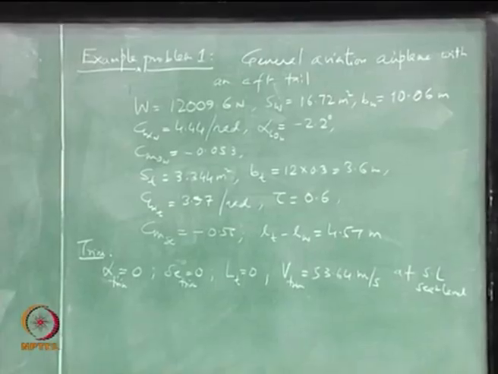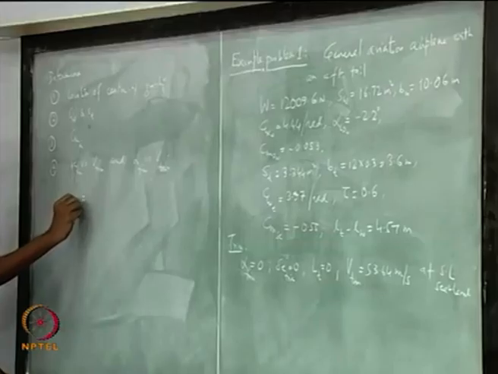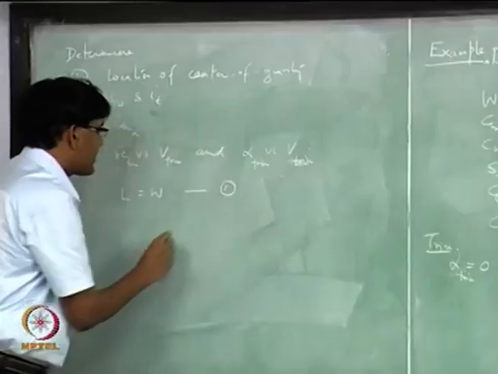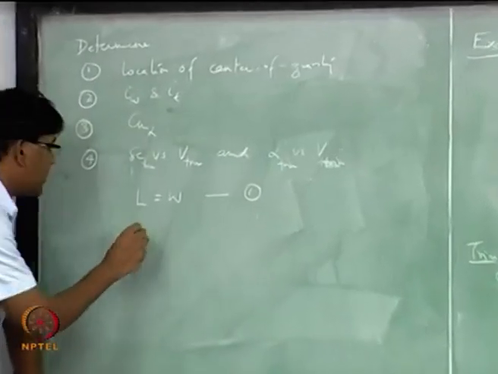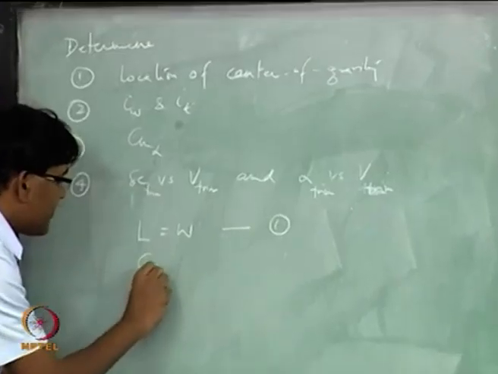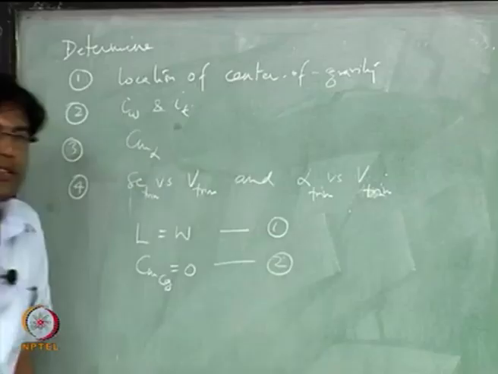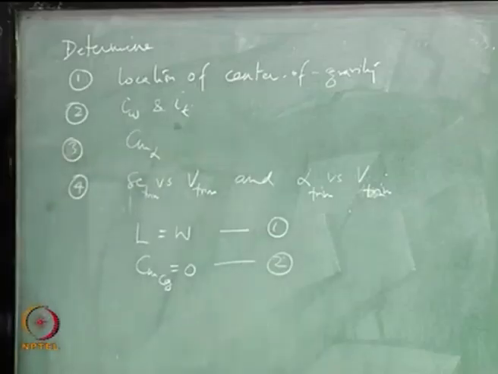So, we have to solve lift equal to weight for trim condition, right. So, one condition is this, and second is that Cm Cg must be 0, right.